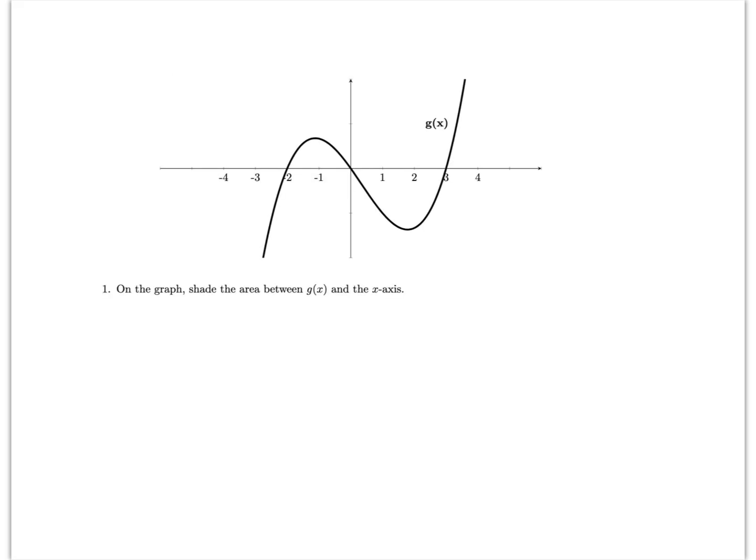On the graph, shade the area between g of x and the x-axis. All right, so for all the parts that I can see, we've got this region. That's some area that's between g of x and the x-axis. And then I've got this region here that is between g of x and the x-axis.